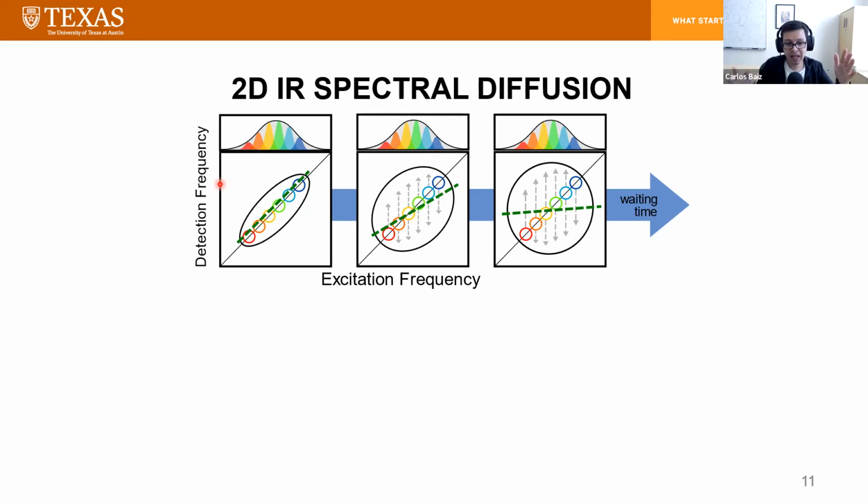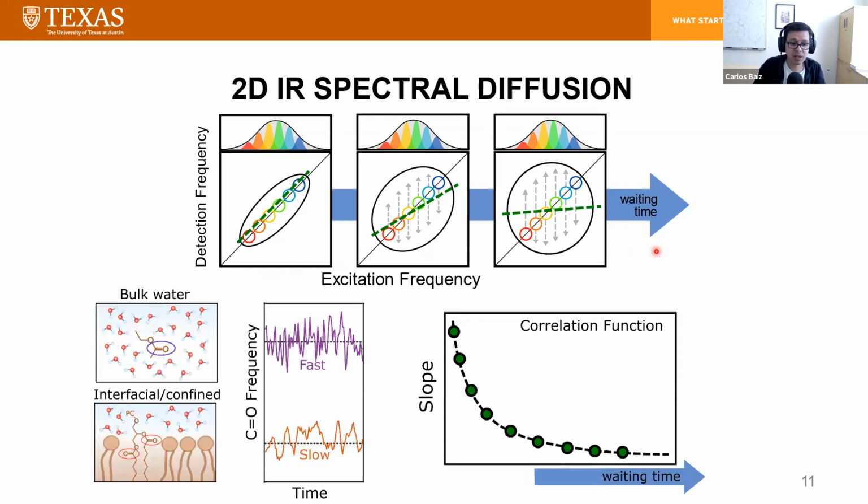However, if you allow time for the system to evolve, maybe you excite the carbonyl when it has a hydrogen bond, that hydrogen bond breaks, and when you probe it again, it's going to have a different frequency. So we're losing correlation between the excitation and detection frequency as we increase that time, which is called the waiting time between the excitation and detection pulses.